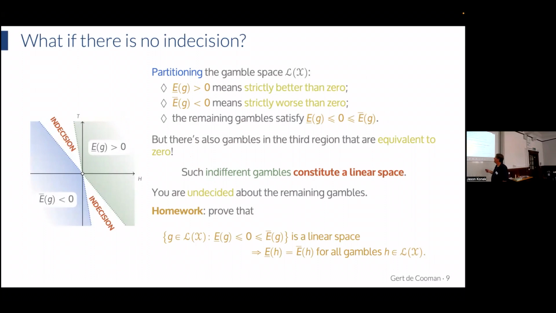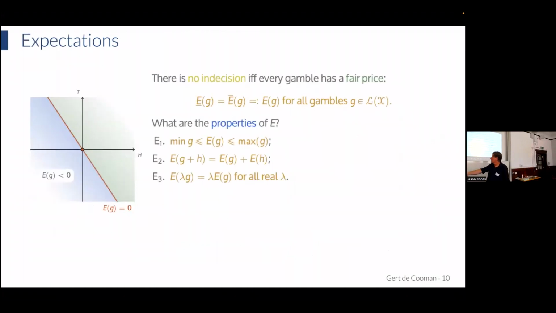So this wedge is all equivalence, and there's no indecision left. So no indecision means that the lower expectation is equal to the upper expectation.